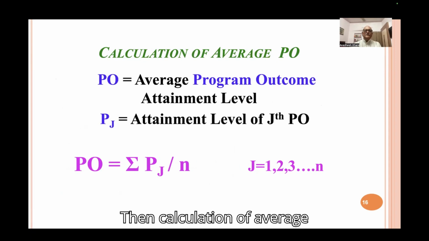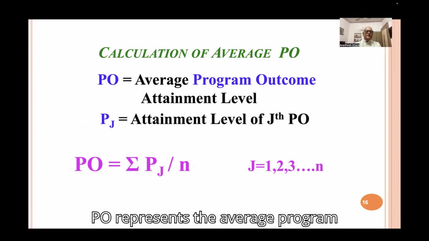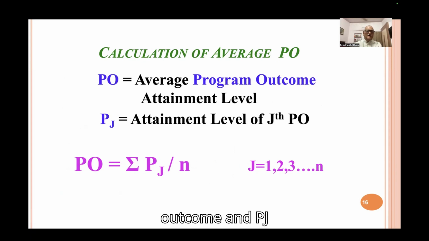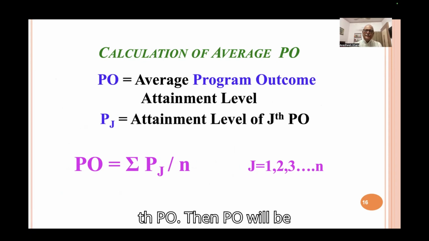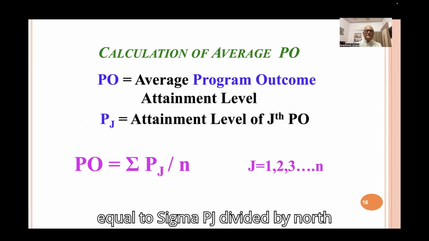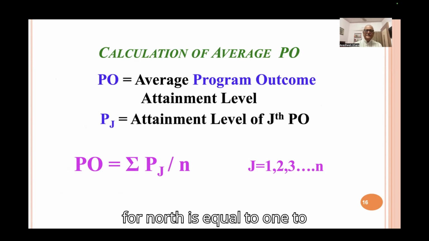Then calculation of average PO. Let us say PO represents the average program outcome and PJ represents the attainment level of jth PO. Then PO will be equal to sigma PJ divided by n, for j is equal to 1 to n.